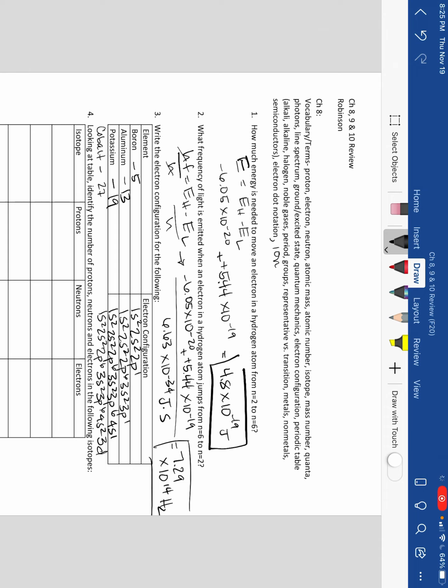Let's see, what is that? 1, 2, 3, 4, 5, 6, or 7. Yeah. So whenever you get to the D block, you have to do one less than that. Okay? All right.